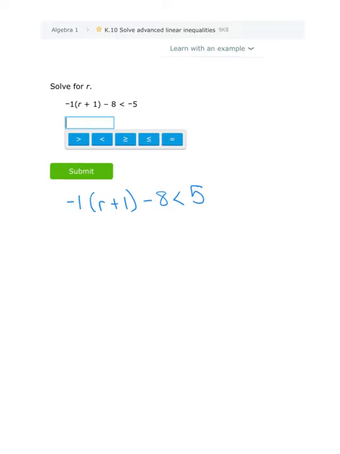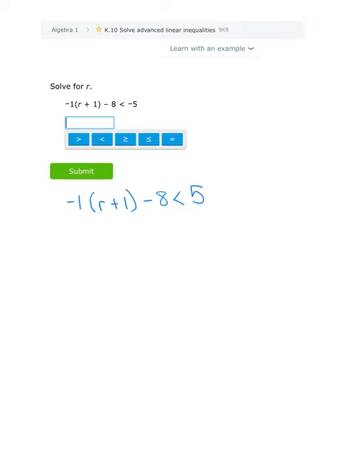Okay, so the second problem looks bigger, but it's not any scarier if you just follow your rules, okay? And we got this. So I rewrote the problem already so that I have room to work it out. So negative 1 times the quantity r plus 1, minus 8, is less than 5. My first step says clear any grouping symbols.